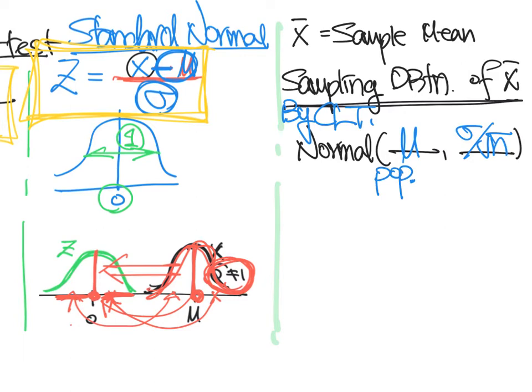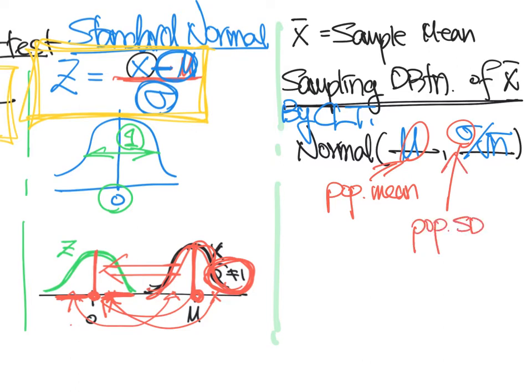What was the mu? The mu is the population mean. Sigma is the population standard deviation. How about the n? Who is the n? Sample size. Thank you.